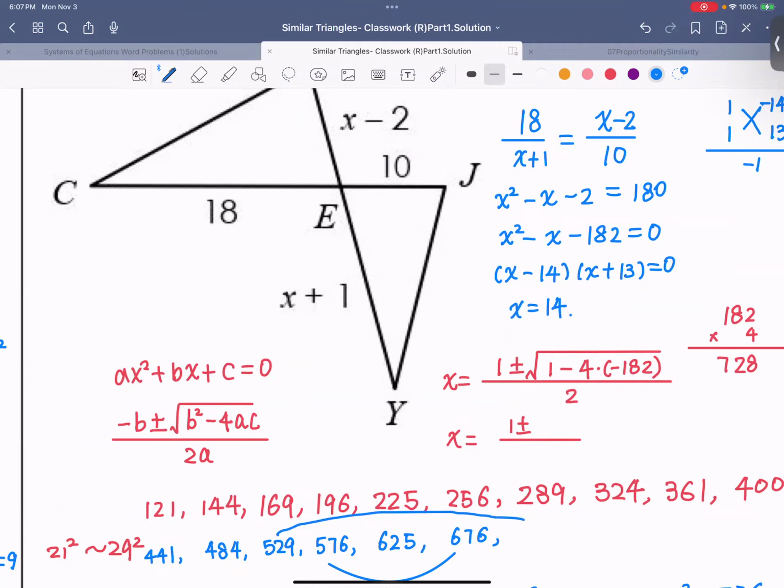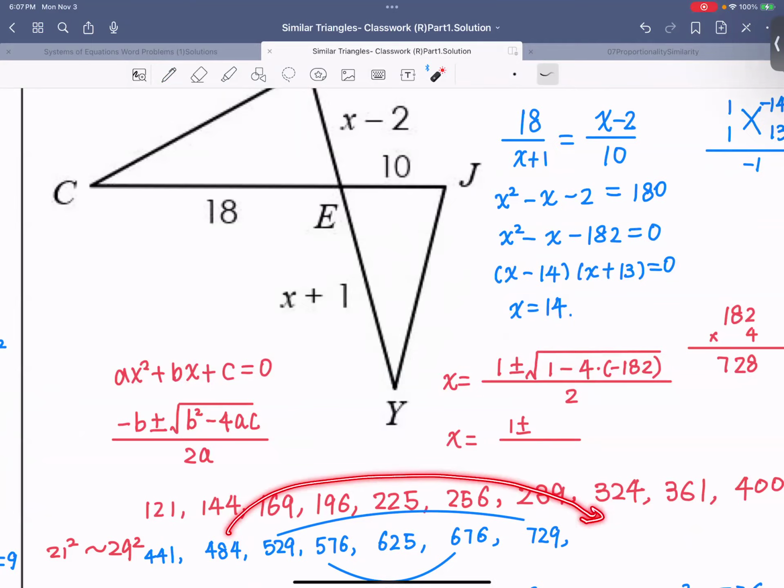Watch out. 28 squared is 784. And 29 squared is 841. Did you guys see the trick?